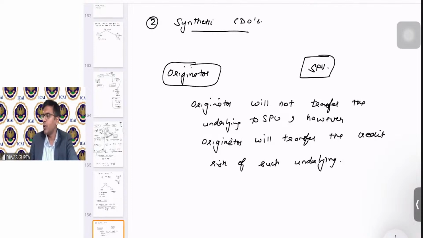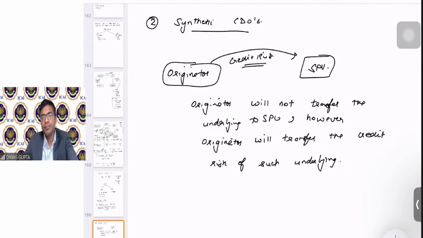So here what the originator has done, this is a synthetic CDO. Synthetic CDO means it's not a cash CDO, first of all. So the originator will only transfer the credit risk associated with that underlying to the SPV, students.